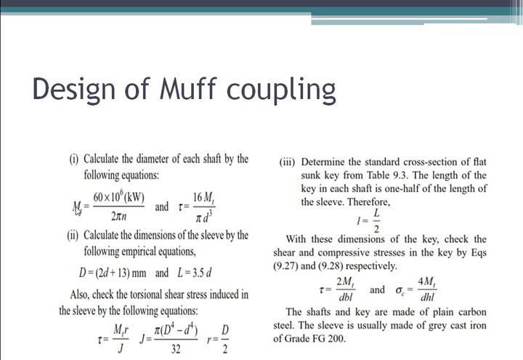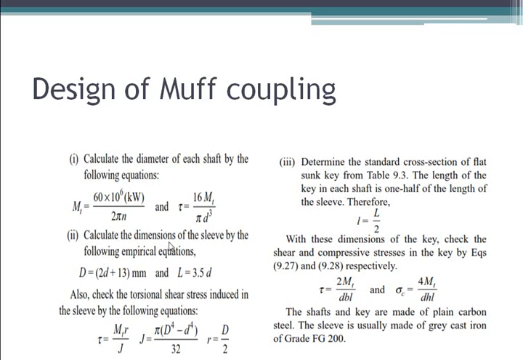This is torque T is equal to 60P by 2 pi N, and from the torque equation we can find out tau is equal to 16T by pi d cube, or 16 Mt by pi d cube. By using this equation we can find out d, the diameter of the shaft, small d.